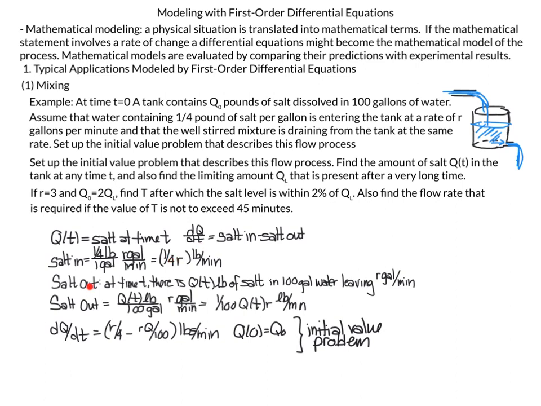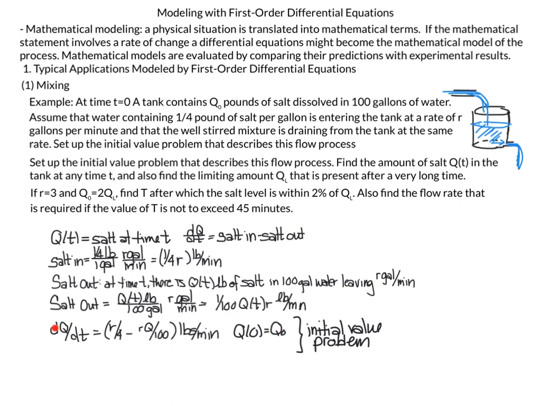Our salt out, well, at time t, there is Q(t) pounds of salt in 100 gallons of water, leaving at a rate of r gallons per minute. So salt out is equal to Q(t) pounds per 100 gallons, leaving at a rate of r gallons per minute, which gives us (1/100) Q(t) r pounds per minute.